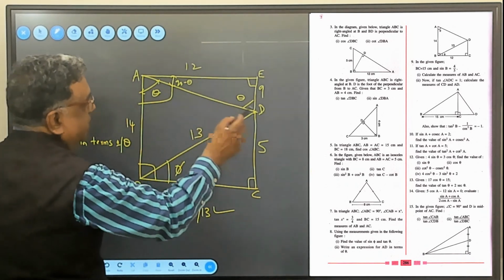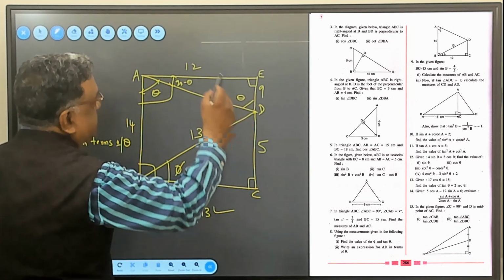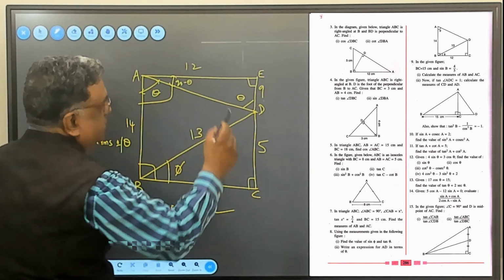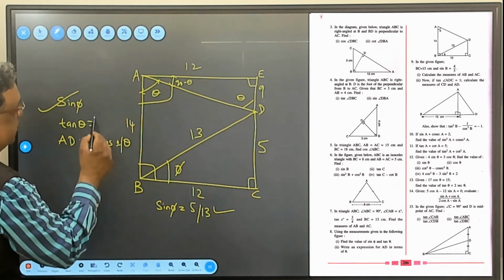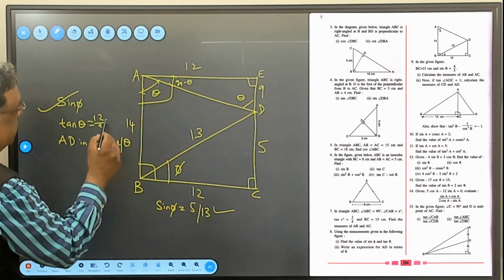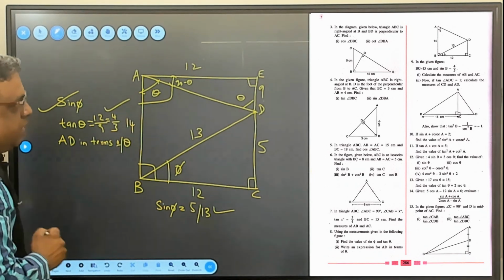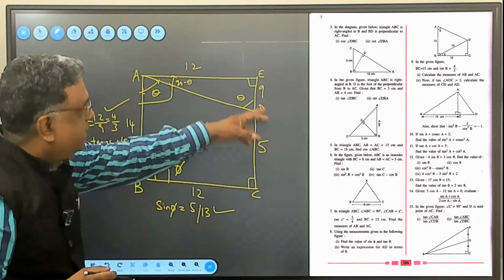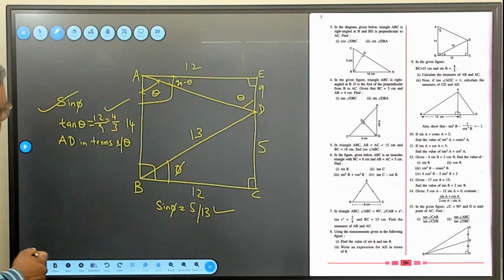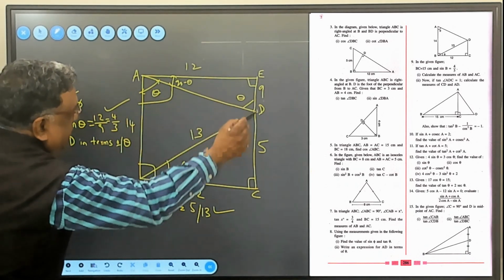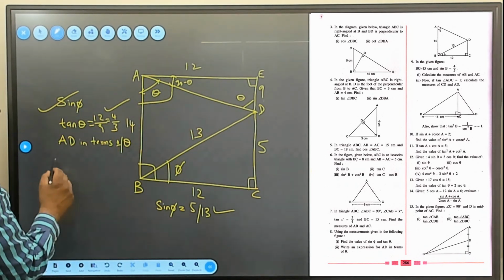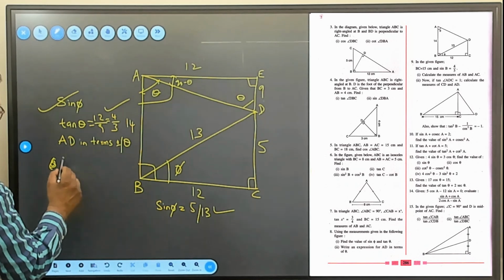So tan theta in this triangle, I can find as opposite upon adjacent. So tan theta becomes 12 upon 9, which is 4 by 3. Now I have to find AD in terms of theta. So in this triangle only, can I write it as sine theta?